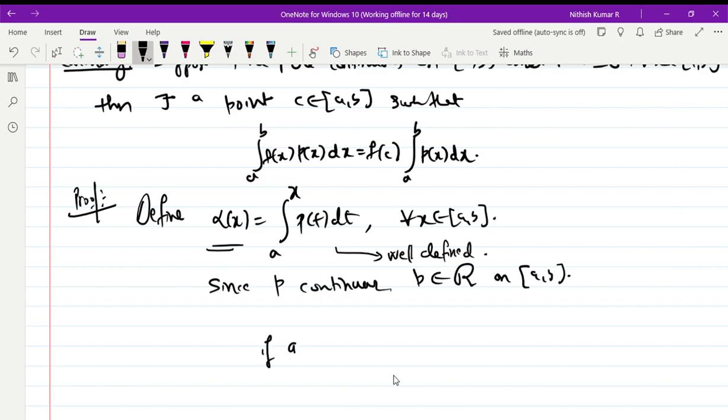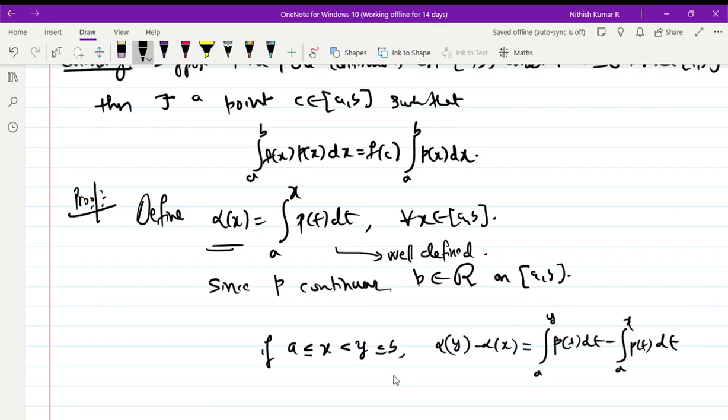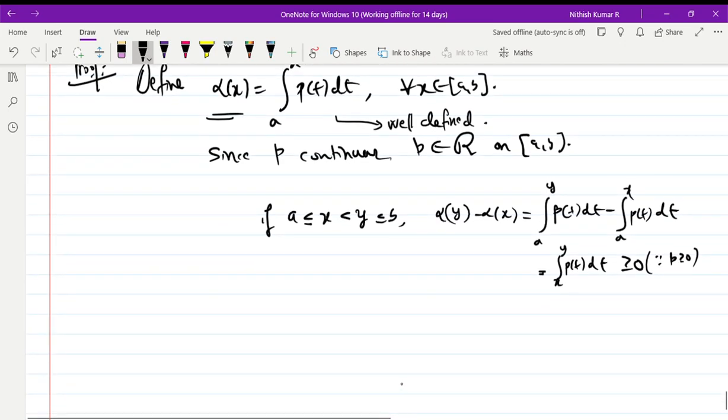Further, alpha is monotonically increasing. In fact, if a is less than or equal to x, less than y, less than or equal to b, then alpha of y minus alpha of x is the integral from a to y of p of t dt minus the integral from a to x of p of t dt, which is equal to the integral from x to y of p of t dt, and it is greater than or equal to 0 since p is greater than or equal to 0 on [a, b].